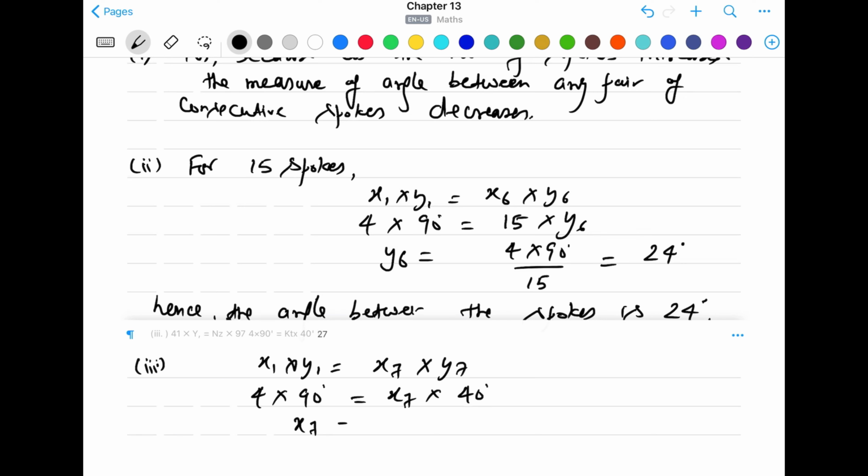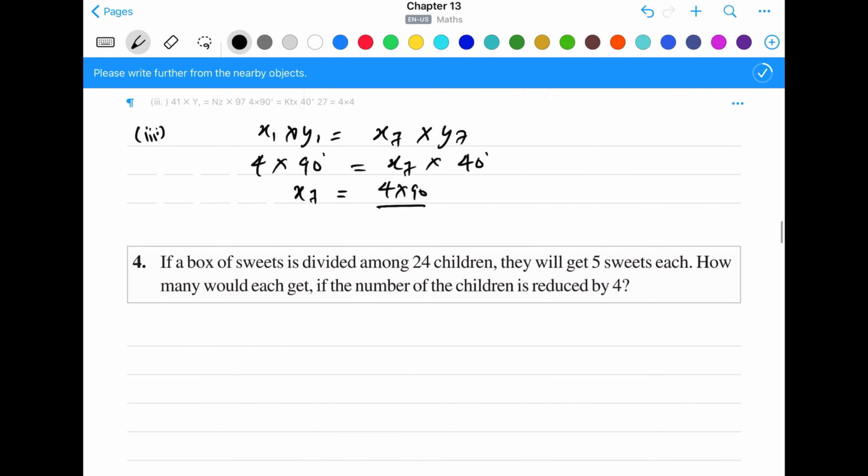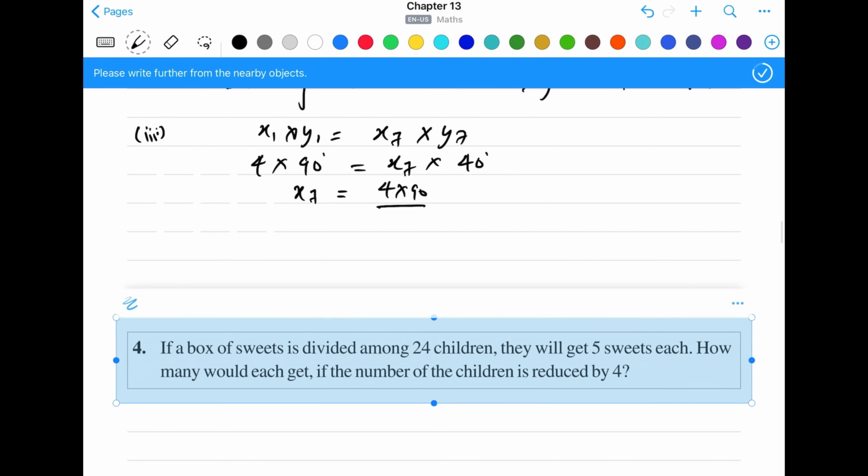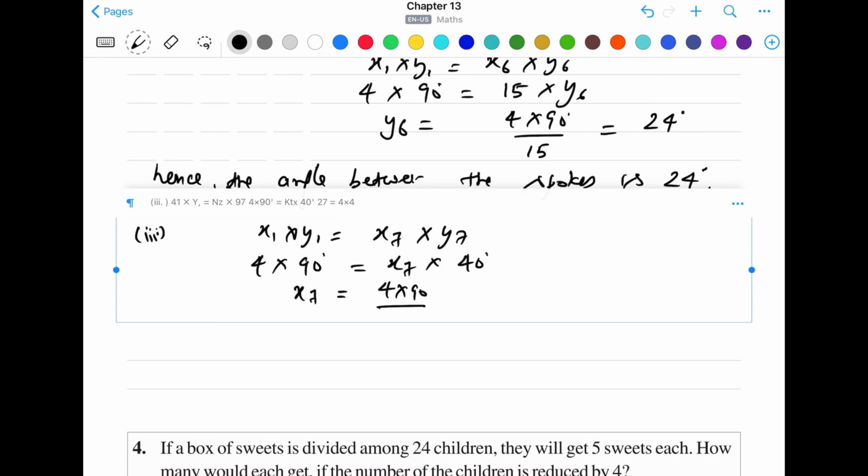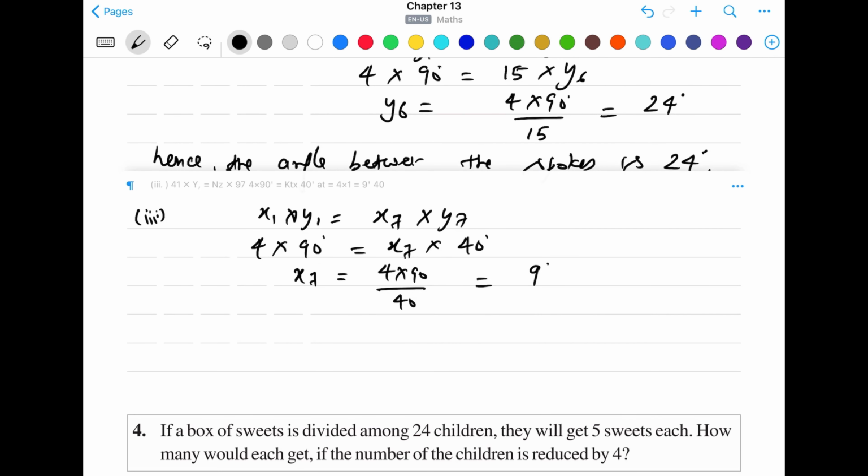So x7 will be 4 into 90 divided by 40, which will give us 9. Not angle, it will be number of spokes. Hence the number of spokes will be 9.